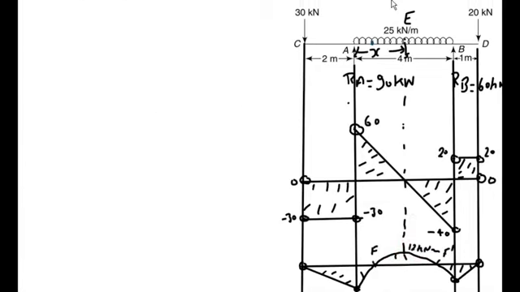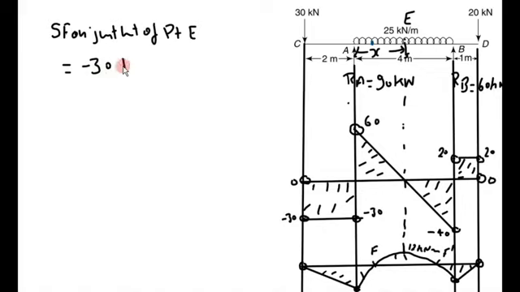Now calculate the shear force on the left side of point E. So first force is minus 30, next is plus 90, and next is 25 kilonewton acting on x meter.